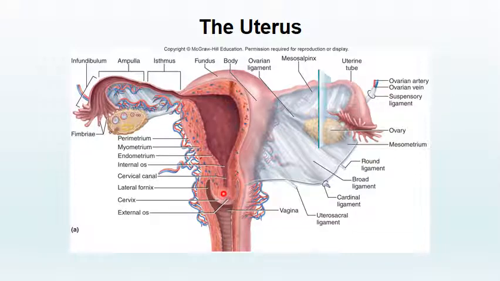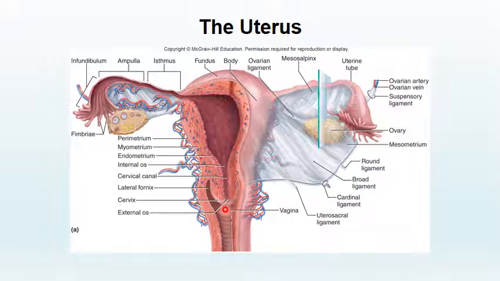Around the time of ovulation, that mucus is going to get thinner and slicker. And so that is going to actually help sperm move from where they're deposited in the vaginal canal into the uterus. It's not like super thick, sticky mucus anymore.